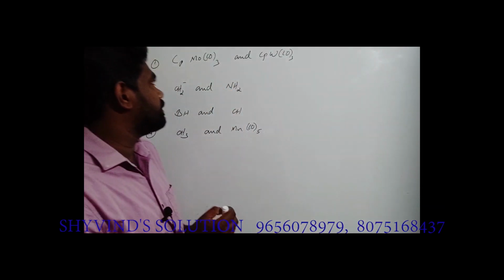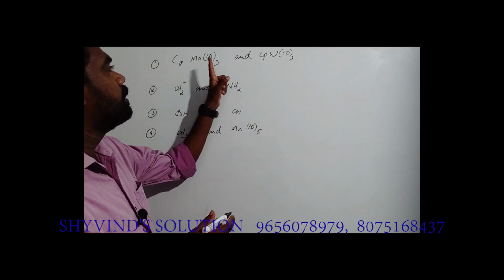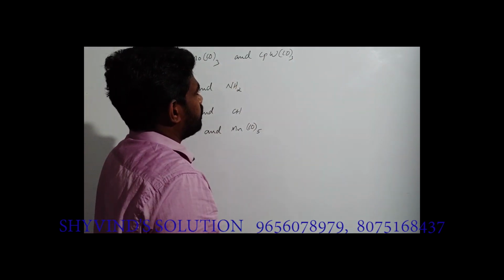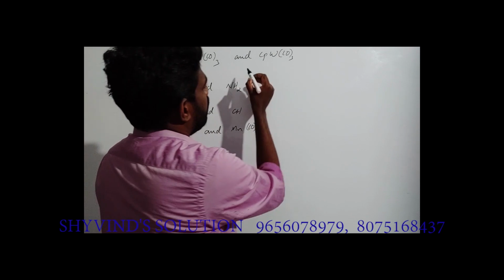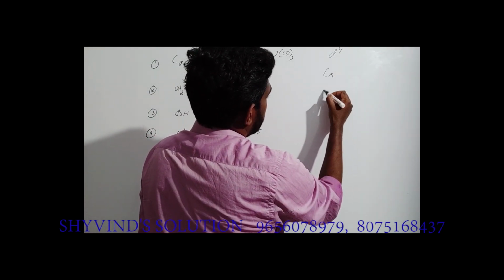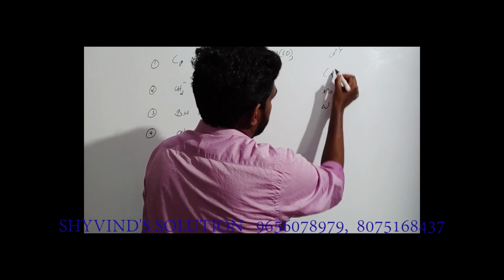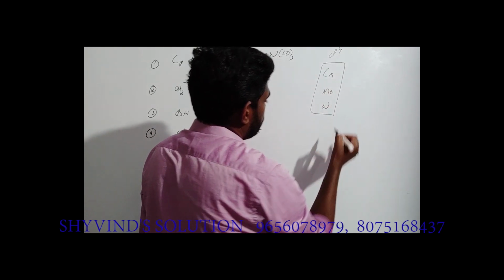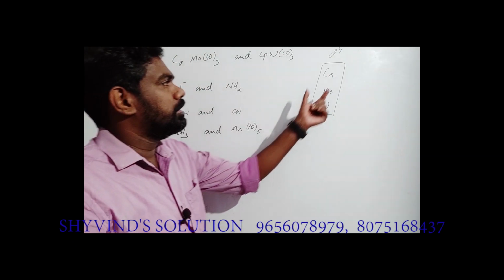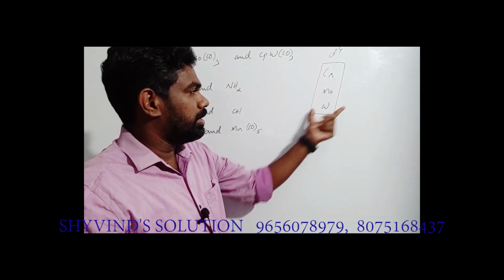Okay, so the first option is this one: CpMo(CO)3 and CpW(CO)3, both these are isoelectronic. So we know the d4 systems. The d4 systems are chromium, molybdenum, tungsten. Okay, these are the d4 series, the 3d, 4d and 5d system. So the outermost electronic configuration of these three metals is the same.